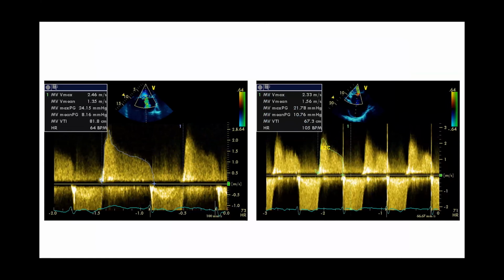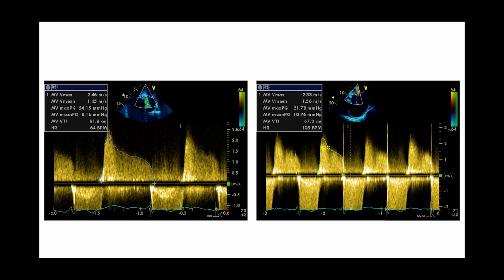Looking at the mean gradients with the color wave Doppler through the mitral valve, we've got a mean gradient of 8.16, and so that's all the stenosis, and a mean gradient of roughly 11 on the right image, depending on the stroke volume, I guess, and given the arrhythmia measured twice.